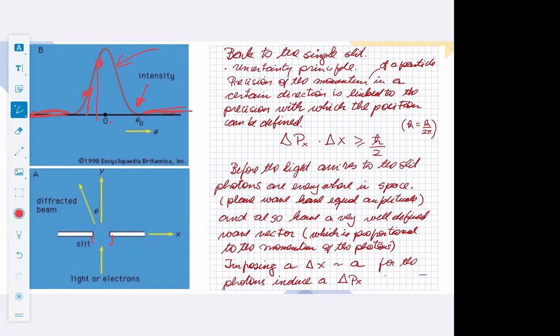So the Heisenberg uncertainty principle related to momentum and position is expressed in this way. Delta Px, which is the momentum in the X direction, times the variation of the position.